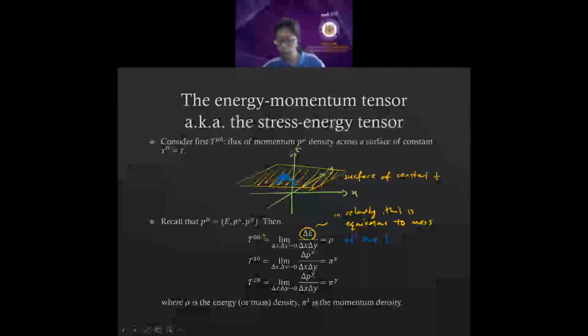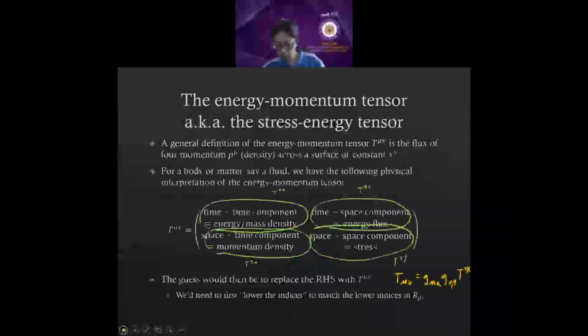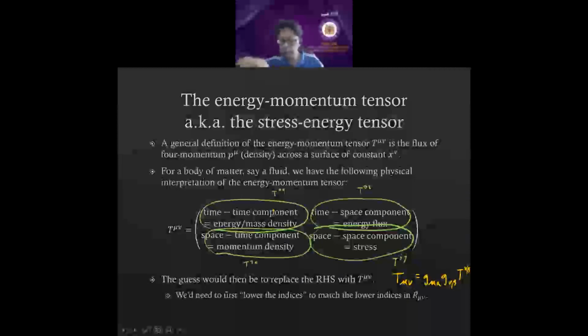And hence, if we look at the first column, we get that the topmost component is the mass density or the energy density, and the other two components are the momentum density. Right?